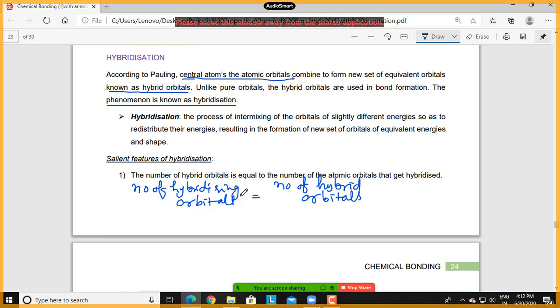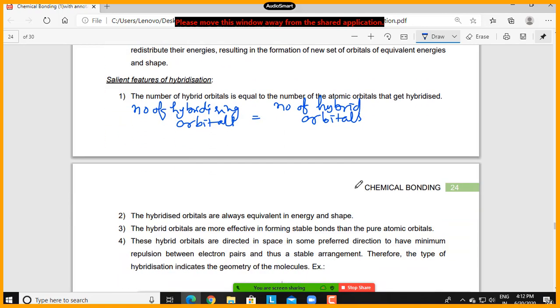Those orbitals taking part in hybridization are known as hybridizing orbitals. Those orbitals formed due to hybridization are known as hybrid orbitals. So the number of hybridizing orbitals and hybrid orbitals must be equal.